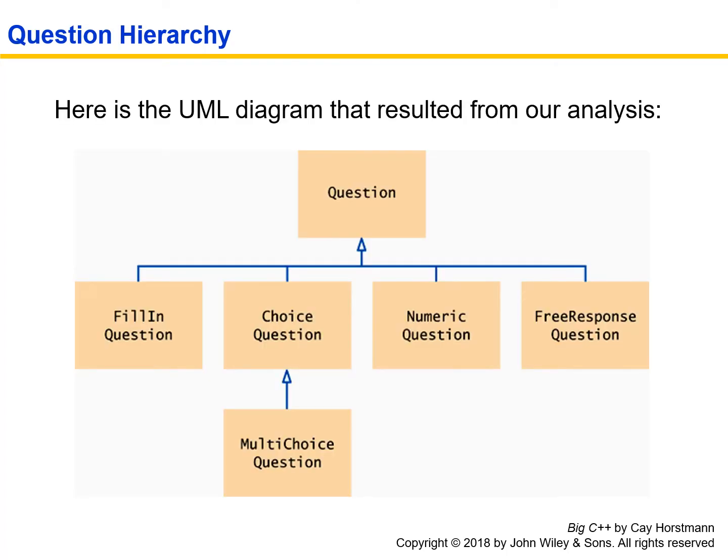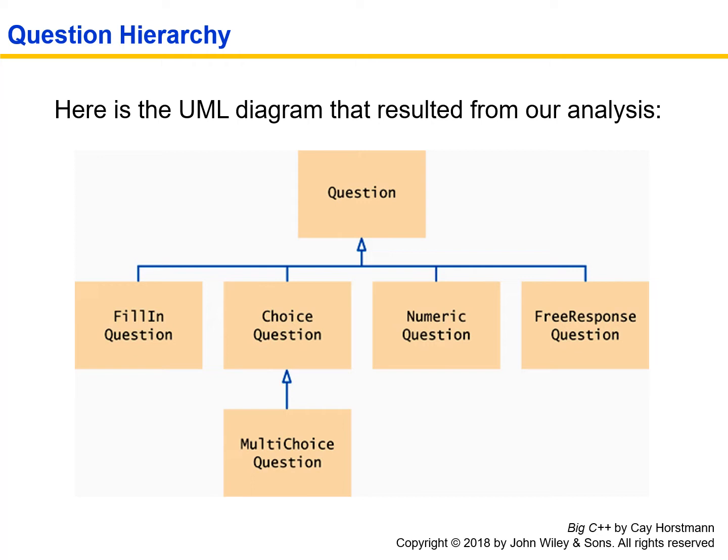So here's how these could all form a hierarchy. We could have a question class, which simply has question text and an answer, and it has a method for supplying a user answer, and it would decide whether the answer is correct or not. A fill-in-the-blank question derives pretty simply from a regular old question.